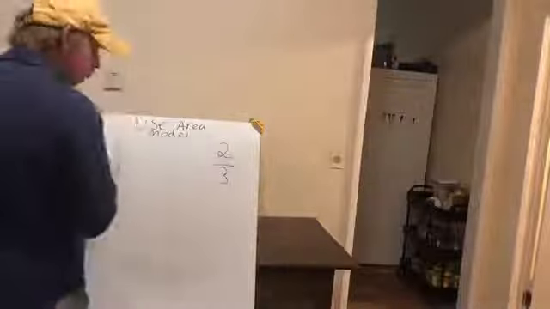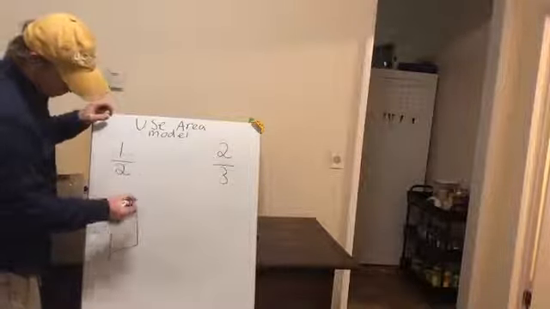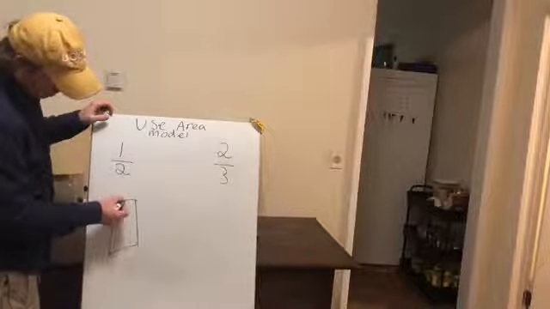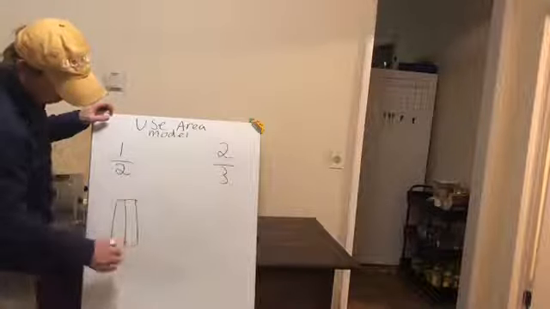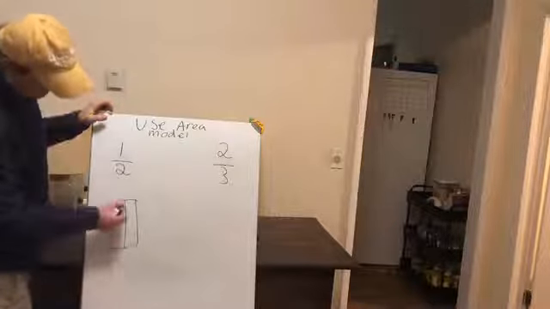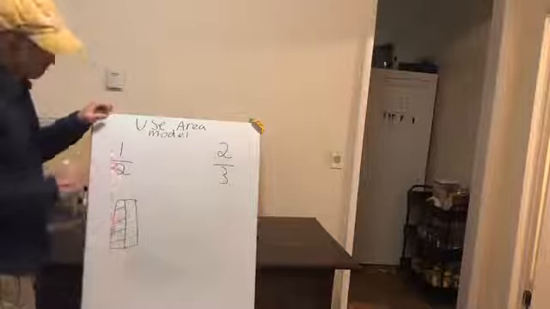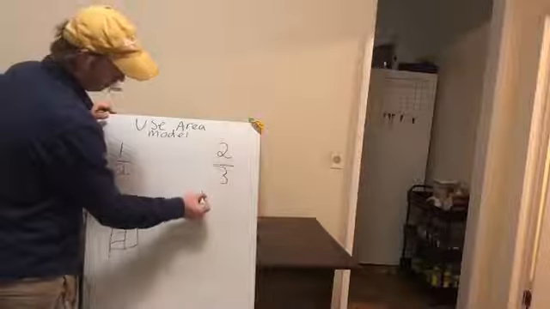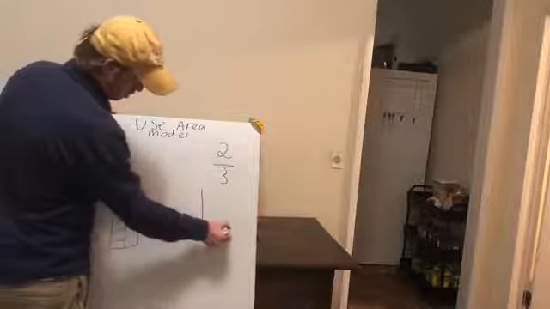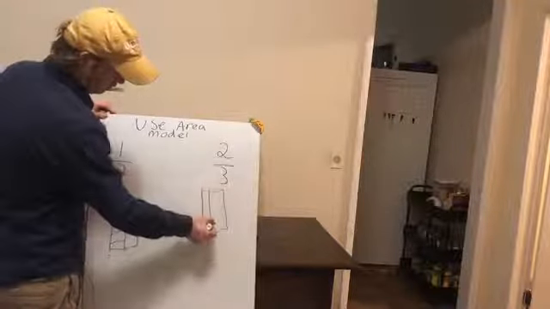First thing we'll do is draw 1/2. So there's my rectangle. I'm going to cut it in half, try and make it a little neater, and shade in one of them, because I'm shading in 1/2. And then over here, doing the same thing.